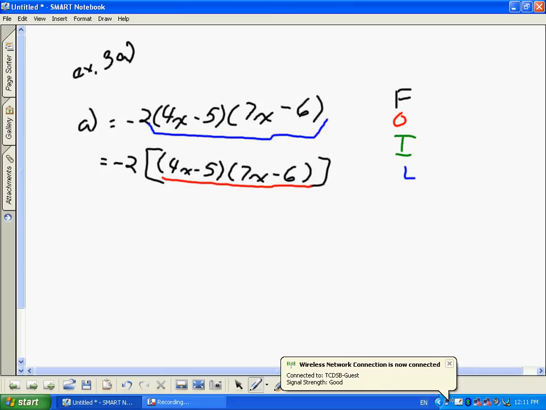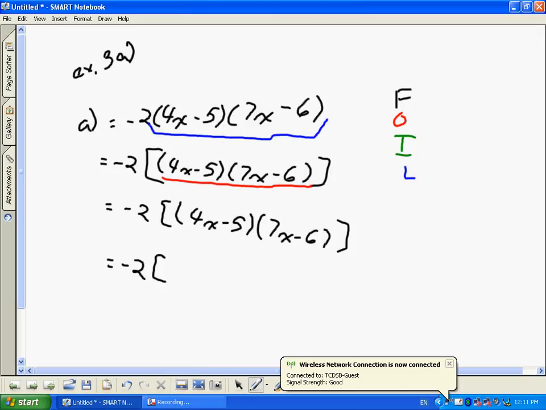So we're going to FOIL the terms on the inside. So it's going to look like this, negative 2. And I'm going to put that bracket again. 4x minus 5, 7x minus 6. So, in my next line, I have my square brackets. My first terms are 4x and 7x.